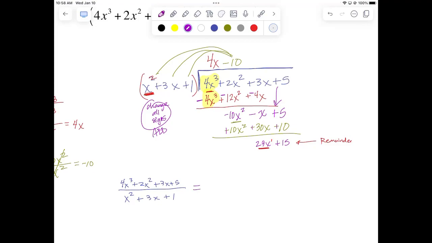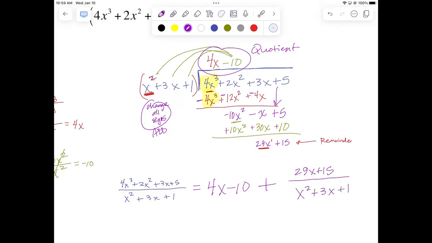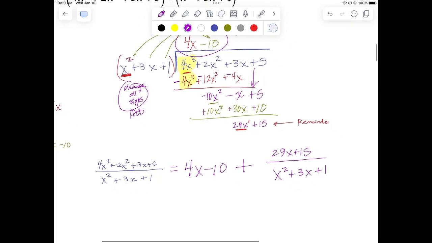What's our quotient? 4x minus 10, that's our quotient, plus the remainder. What's the remainder? 29x plus 15 over the original divisor, which is x squared plus 3x plus 1. And that's it.